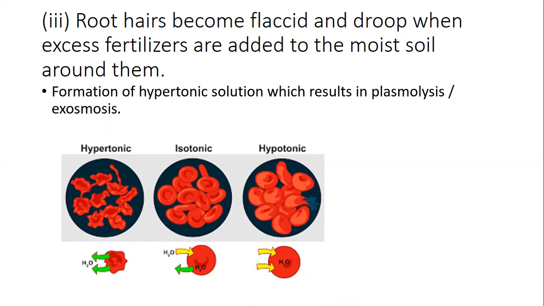Whereas in hypertonic solution, only exosmosis will take place. In case of hypotonic solution, water is outside more, so water will enter. So here endosmosis will take place and there will be lysis. Lysis, the cells will break, it will burst.